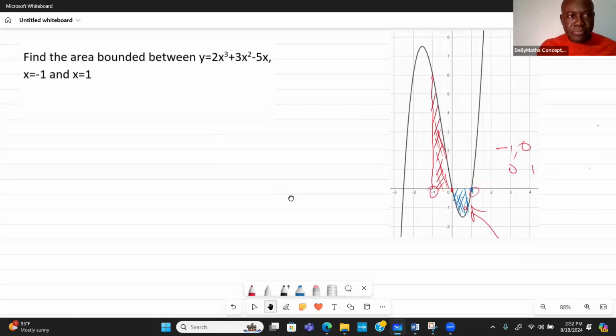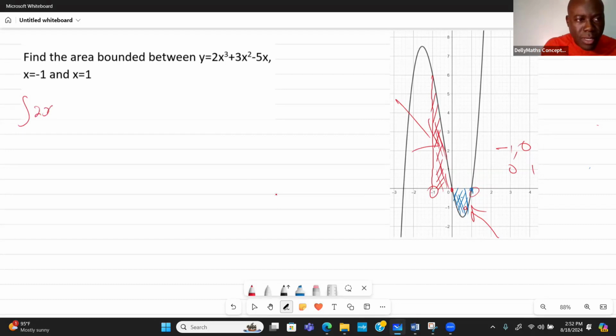So let us put it together. All right, so first the part in red, which is this part right here. We're going to take the definite integral of 2x to the third plus 3x squared minus 5x dx. And we're taking that from -1, so we move from -1 to 0.